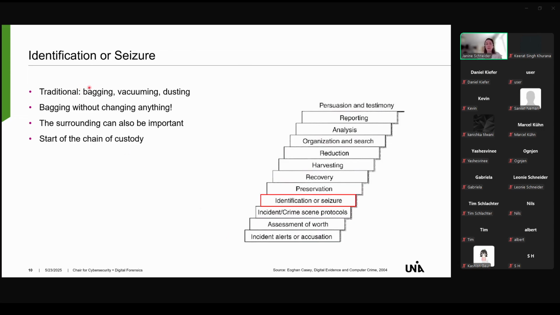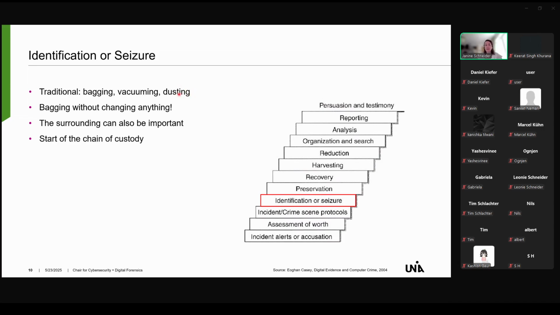Okay, next step, identification or seizure, in German Beschlagnahme. In traditional or classical forensics, you bag, you vacuum, and you dust. Dusting means that, for example, you have a surface with a fingerprint on it, then you dust it with this special powder the criminal technicians use, and then you can see the fingerprint and use some special tape, get the fingerprint, and take it to the laboratory.